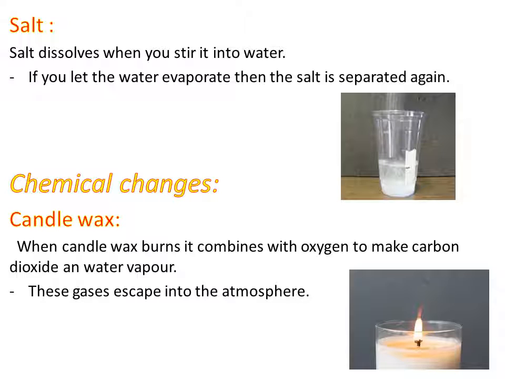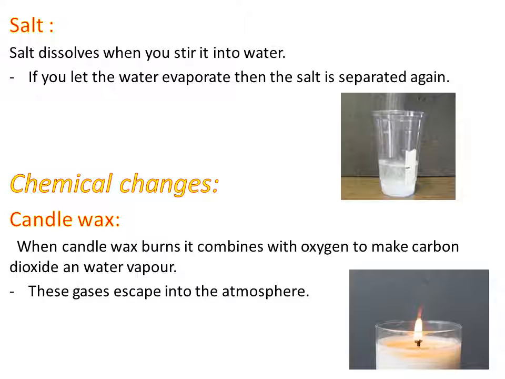Let's speak about the chemical changes. Burning and setting are examples of chemical changes. They cannot easily be reversed, so we describe them as permanent. Example, the candle wax.